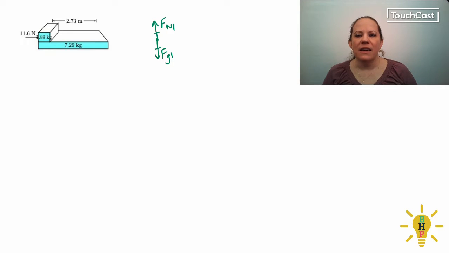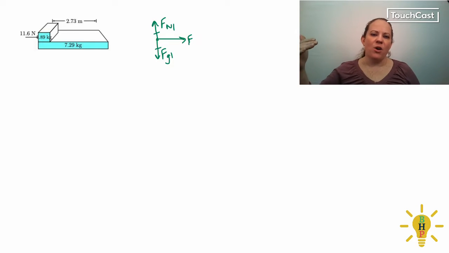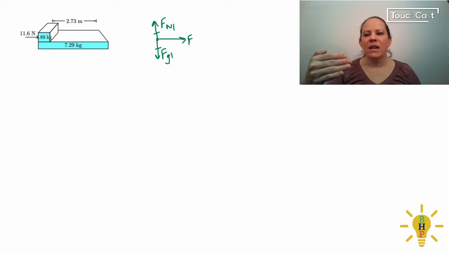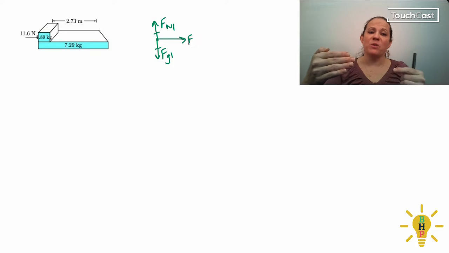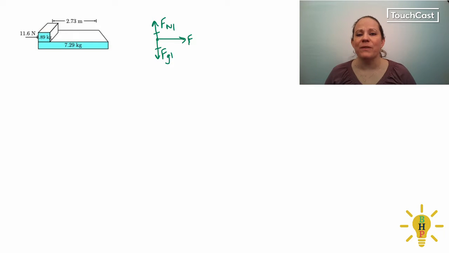And then we're going to apply that force F to the right that's going to make this smaller block accelerate. And then if we are moving the small block to the right, then there's going to be a frictional force opposing that back to the left. And we know it's kinetic friction, so I'm just going to label it small f K for kinetic friction.